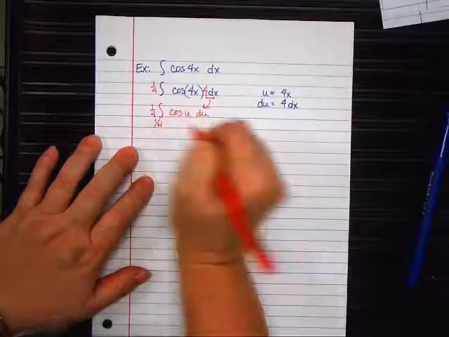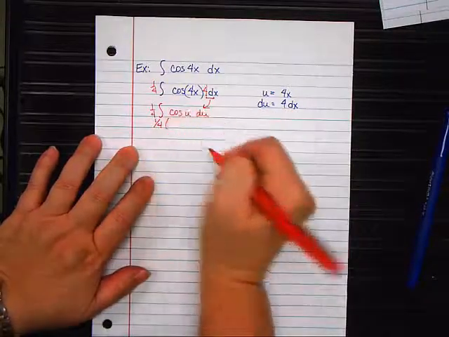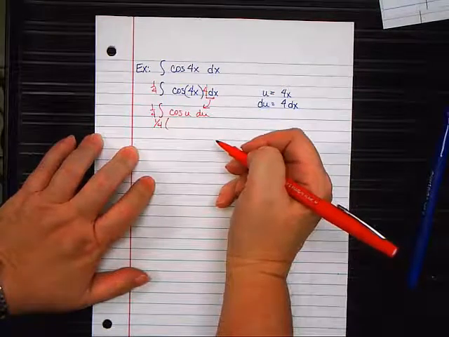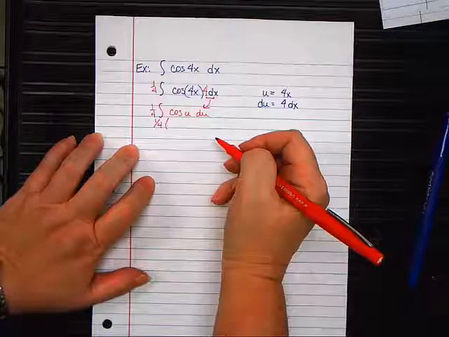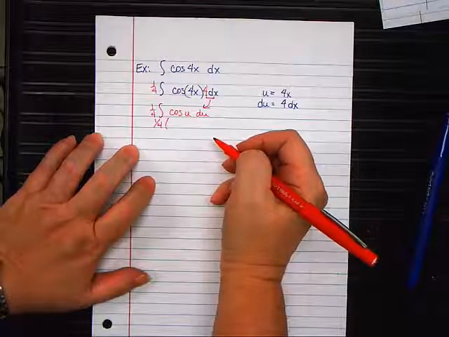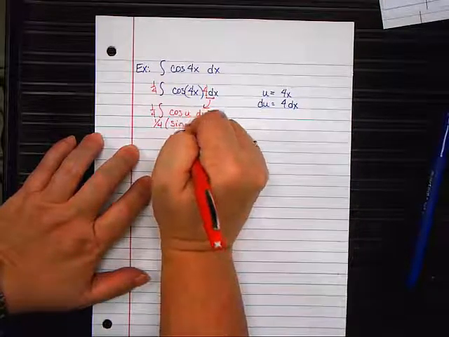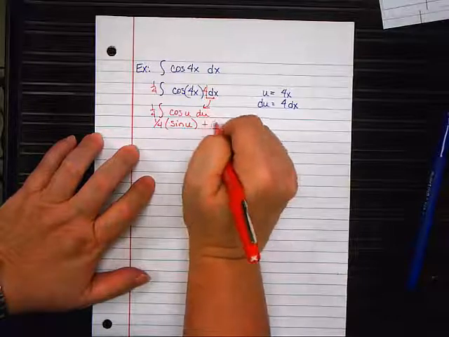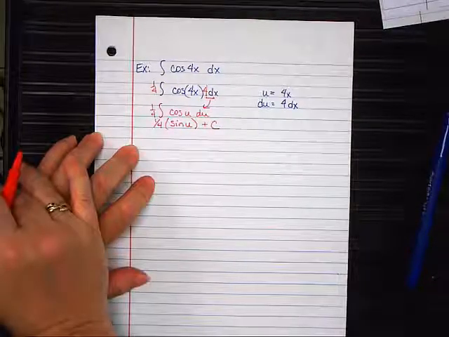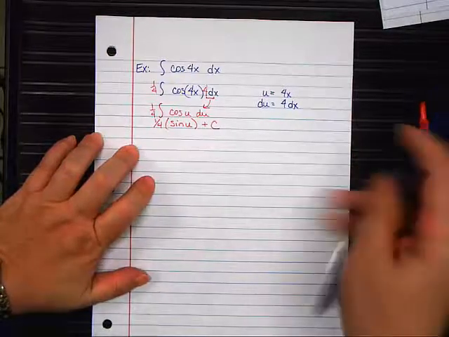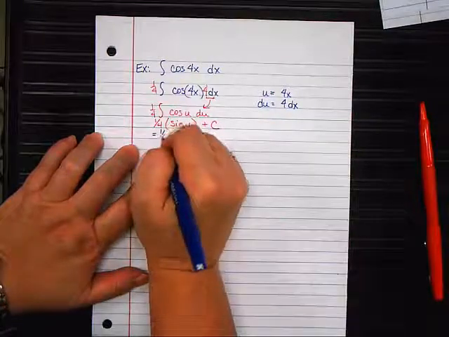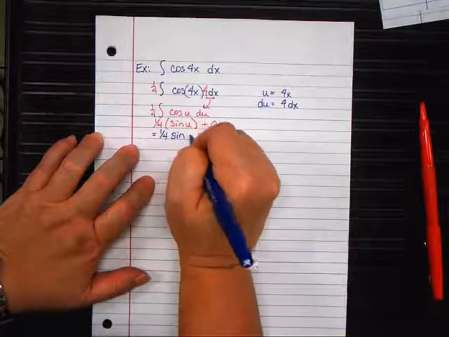Okay, now we take the antiderivative. 1/4 parentheses instead of integral. What's the antiderivative of cosine? Sine or negative sine? Sine. It is sine of u plus c. Do not forget the c. Okay, now switch back to x's. 1/4 sine.